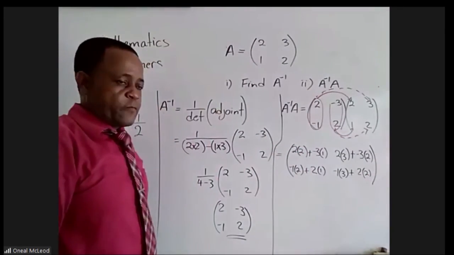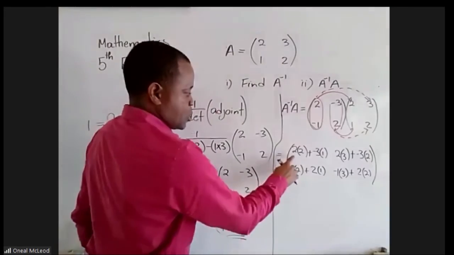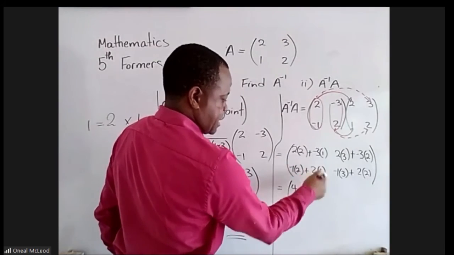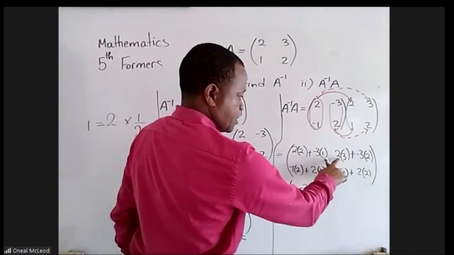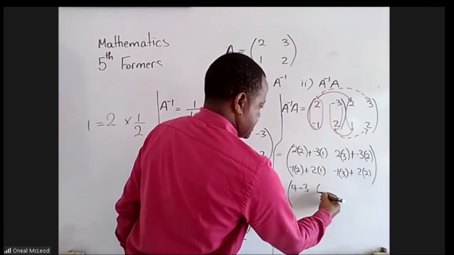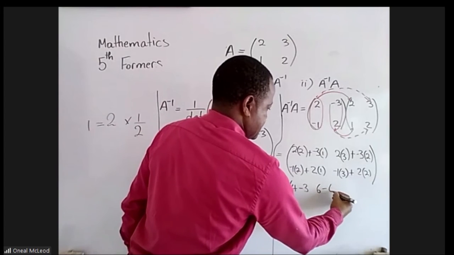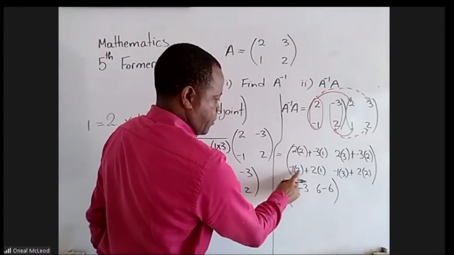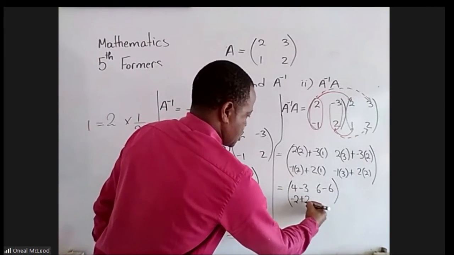All right, very good. Now, let's multiply. 2 times 2 will end up with 4, plus negative 3, which is the same thing as minus 3. 2 times 3 will end up with 6. Negative 3 times 2 gives us negative 6. Negative 1 times 2 gives us negative 2, plus 2.